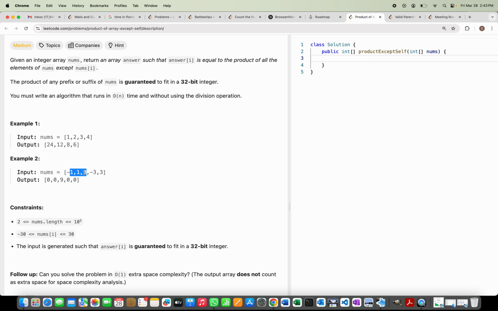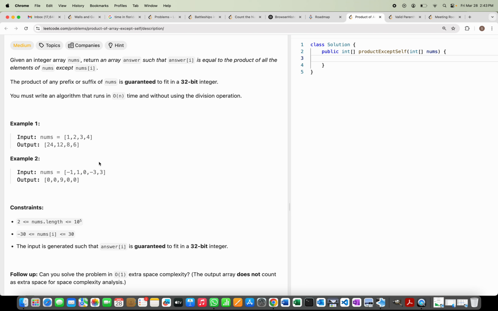The product of everything except itself is going to be 9, not a 0 divided by 0. So if you take the whole product, it's going to be a 0, and you're thinking, okay, 0 divided by minus 1 is 0. Yeah, it's going to be fine until here, but when you reach this index, it's going to create a problem, because the product of the whole array except this one is not a 0 divided by 0.